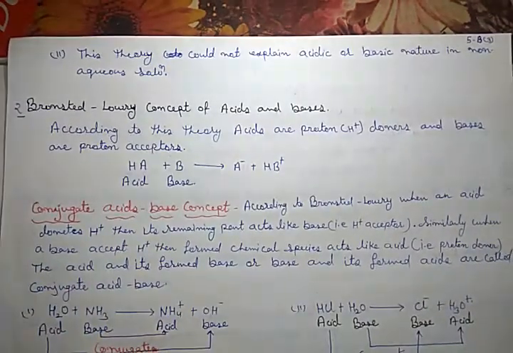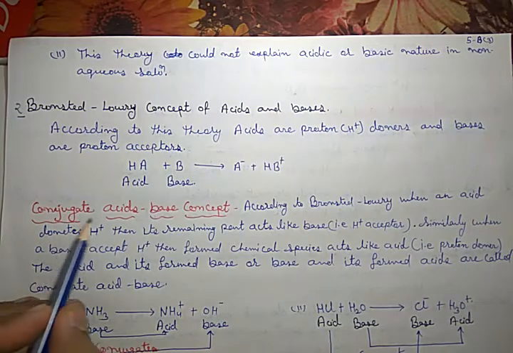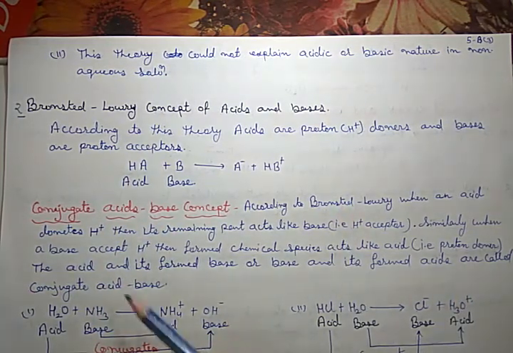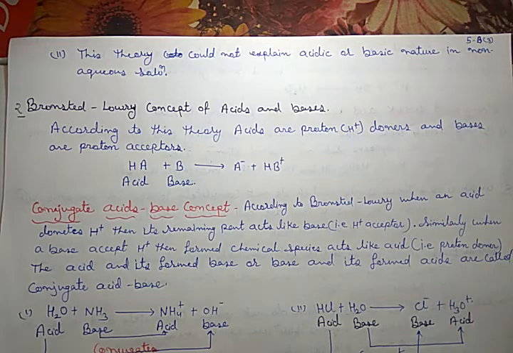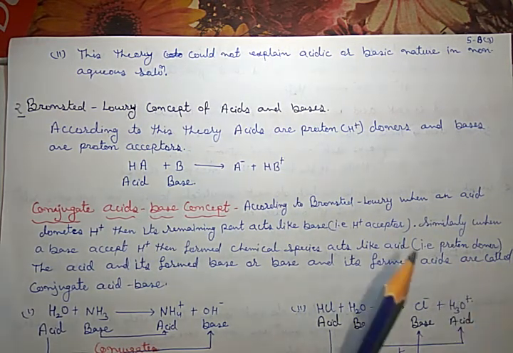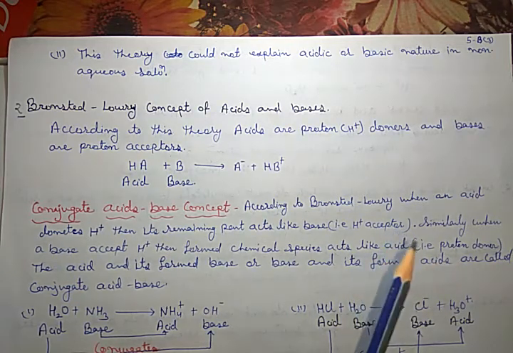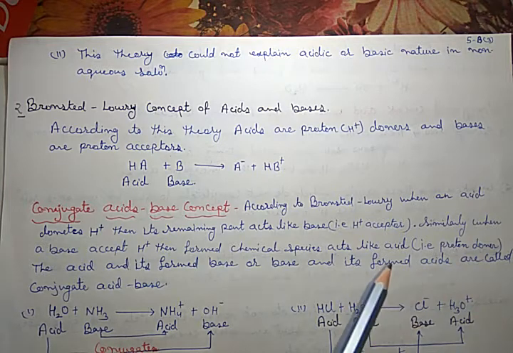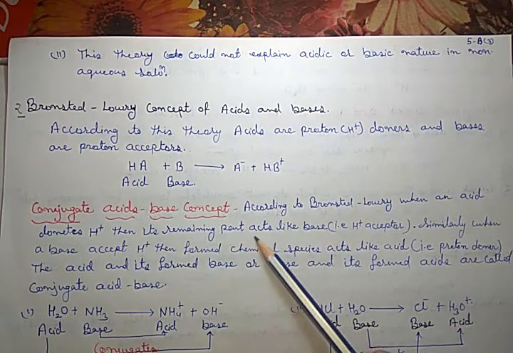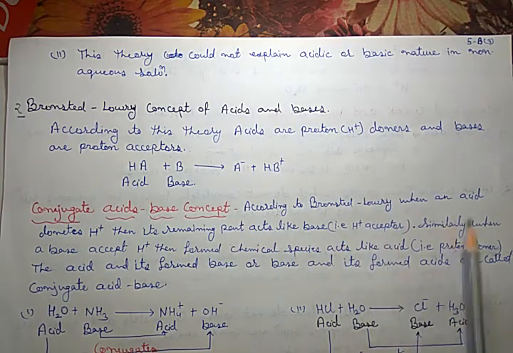Now there is one typical point of this theory, that is the conjugate acid-base concept. According to this theory, when an acid releases H plus ion, its remaining part acts as a proton acceptor, because it has donated a proton, so the remaining part has a tendency to receive the proton. That means we can say the remaining part acts as a base.